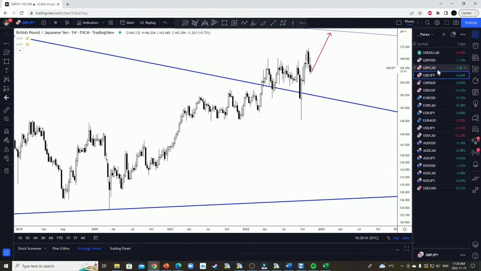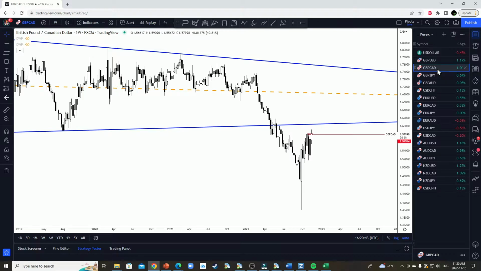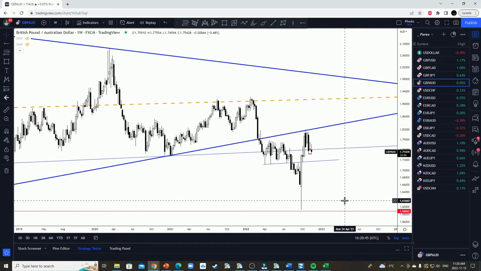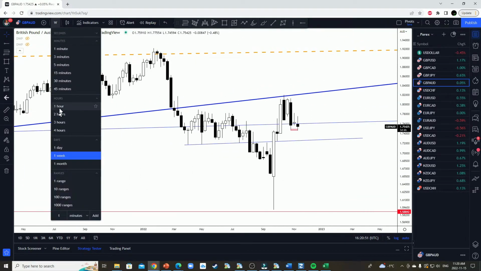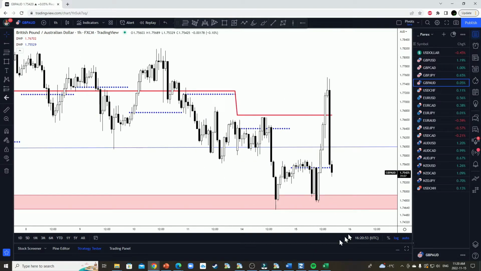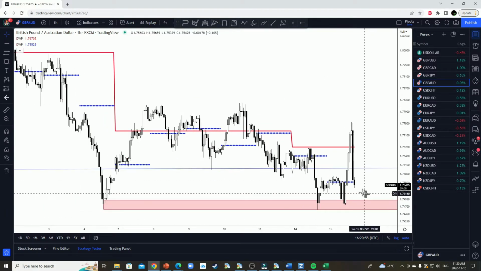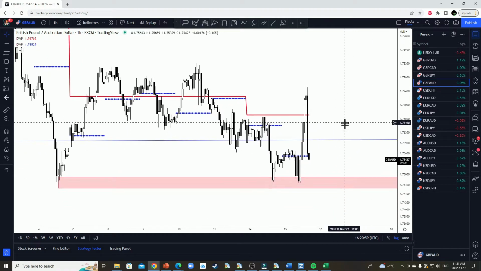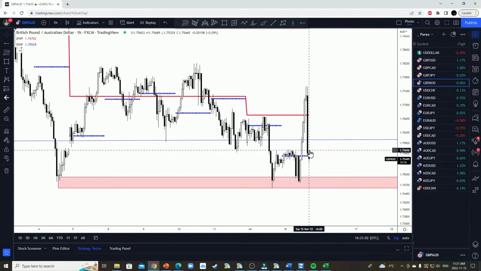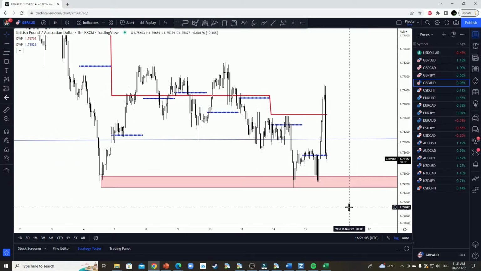So I think this one I would hold, this one as well so far, but this one makes me a bit jittery. So what I think I'll do here is close my position if this pivot doesn't hold. I'll wait for the close of that candle, which is in 40 minutes. If I see that within 40 minutes price can't get back above that pivot, I'll just exit that trade.